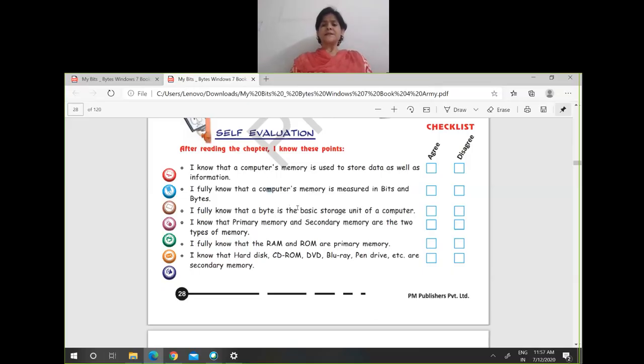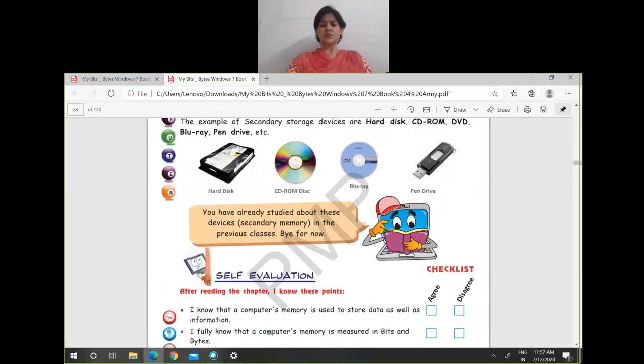A byte is the basic storage unit of a computer. Then primary memory and secondary memory are the two types of memories. RAM and ROM are primary memory, and hard disk, CD-ROM, DVD, Blu-ray, pen drive, etc. are secondary memory.